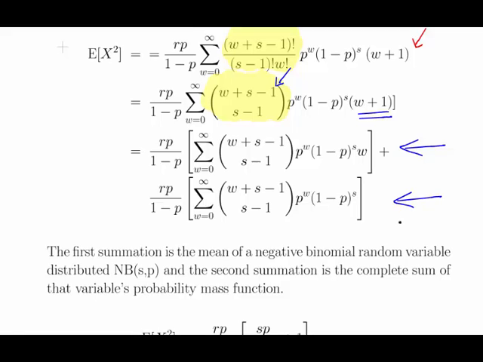I'm just going to separate it out into two expressions there. Okay, so that's the w and 1. Now the first summation is the mean of the negative binomial random variable, and the second summation is the complete sum of the mass function.